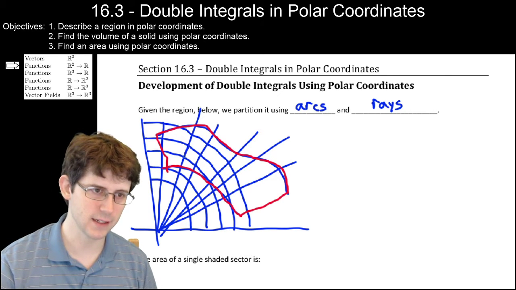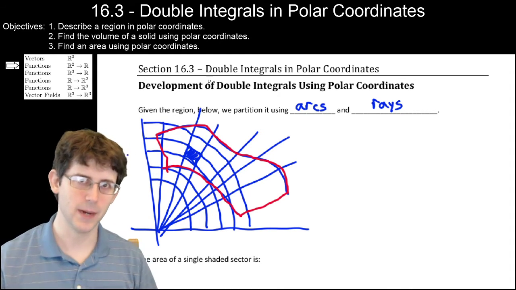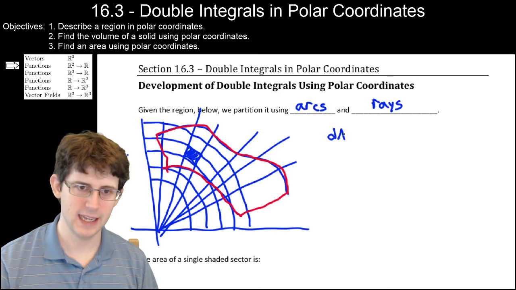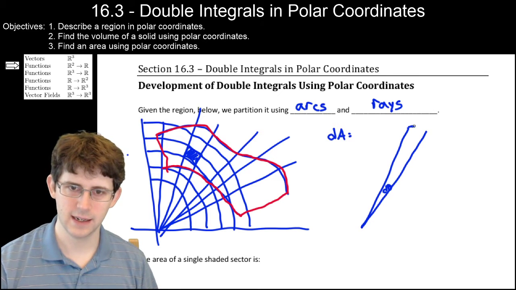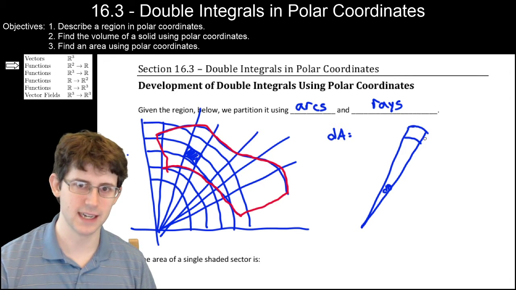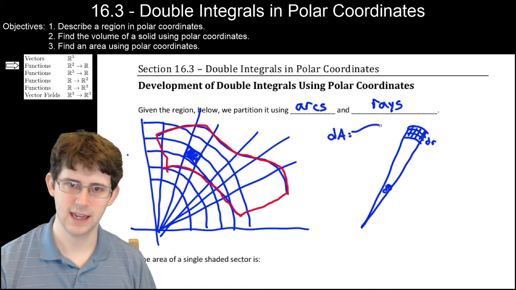Now my little shapes here, my little dAs, are no longer nice rectangular boxes. Instead, my dA looks like, well, I've got a tiny change in angle here, d theta, and out here I've got two arcs of different sized circles, and the difference here is dr, and I'm looking for this area. Here's dA.